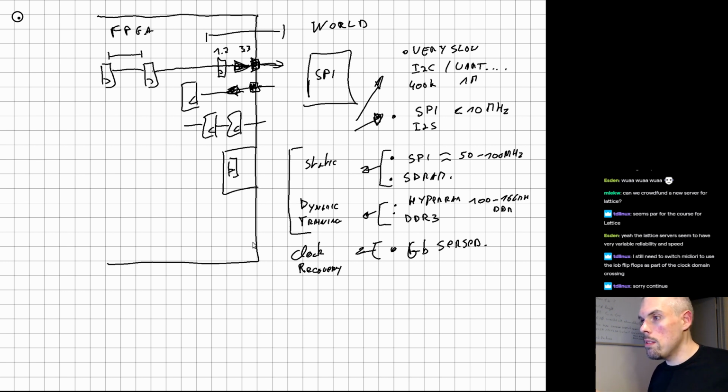Next PNR places those flip-flops at some other point in the design, which completely changes your timing from the inside to the outside world, and suddenly your thing doesn't work, and you don't know why. So using the IOB flip-flops is the best way to have consistency between builds.